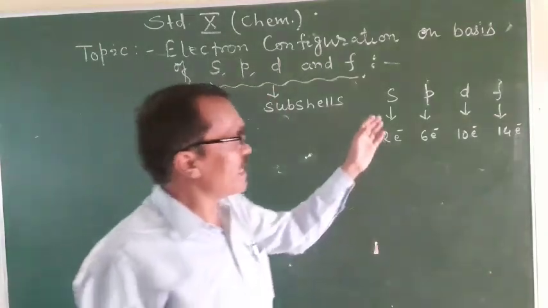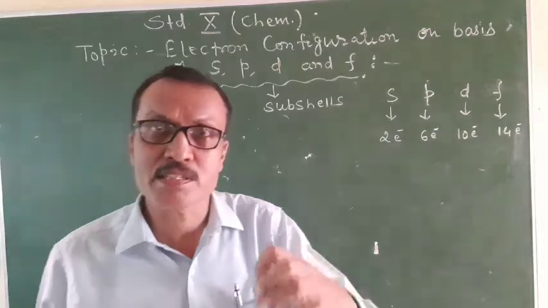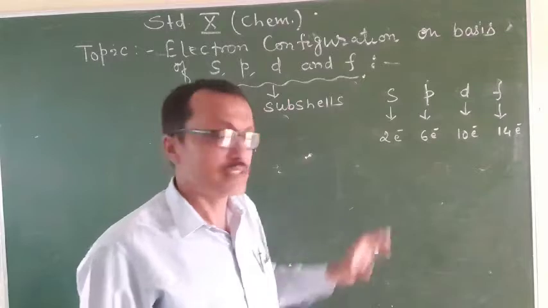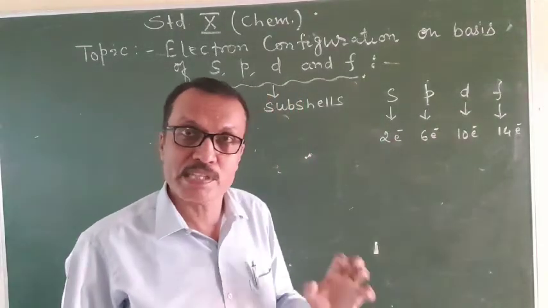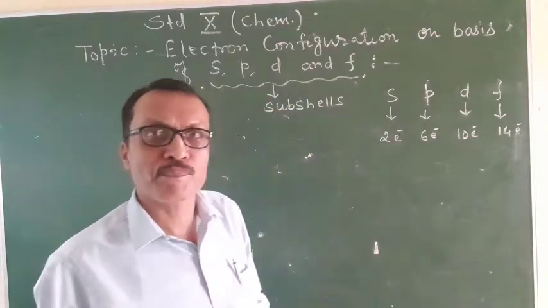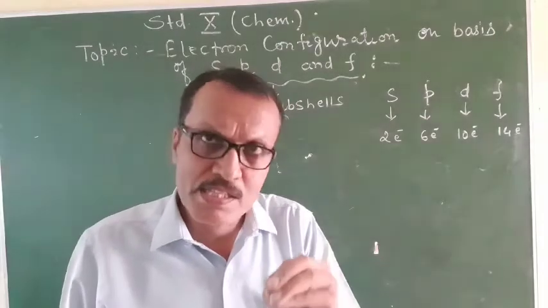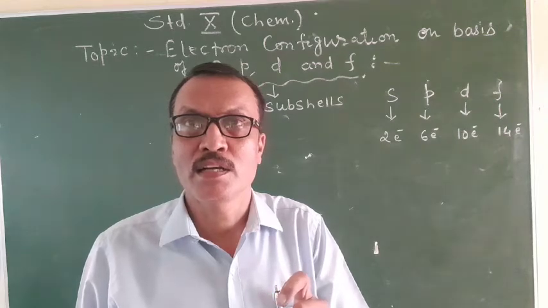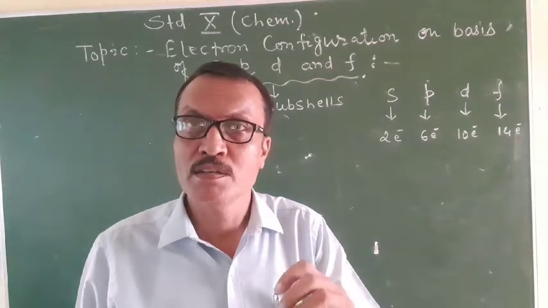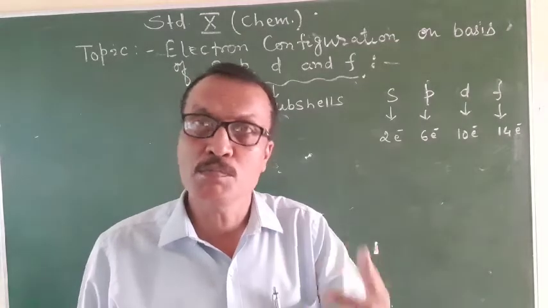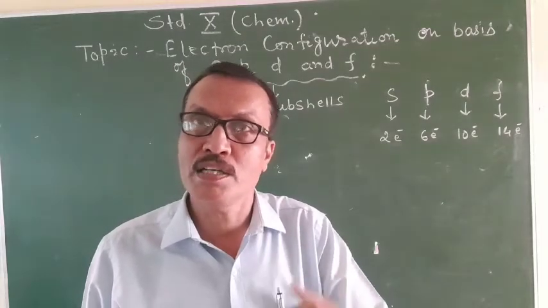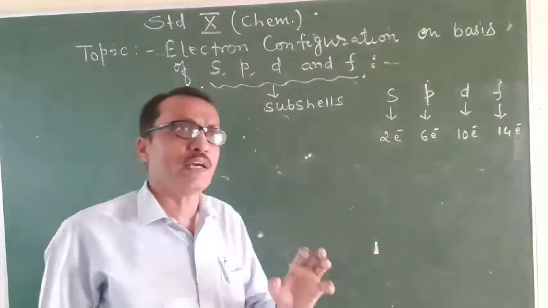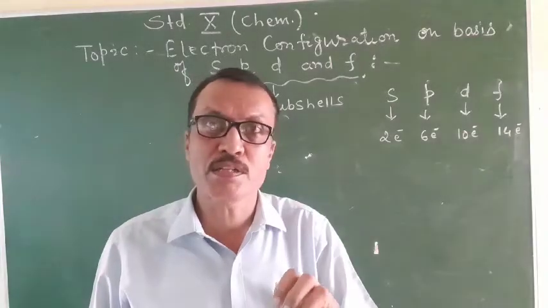Now students, as these subcells exist in cells, these are also energy levels, S, P, D and F. Students, S has the lowest energy, P has more than S, D has more than S and P, and F has more than S, P and D. So students, what happens during electronic configuration?